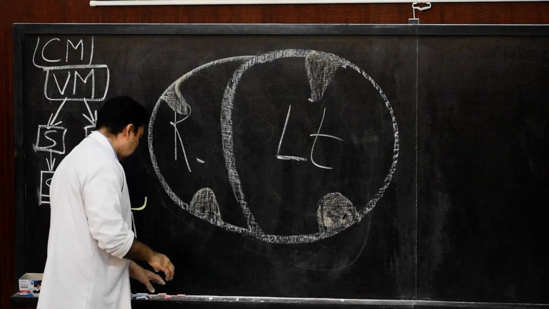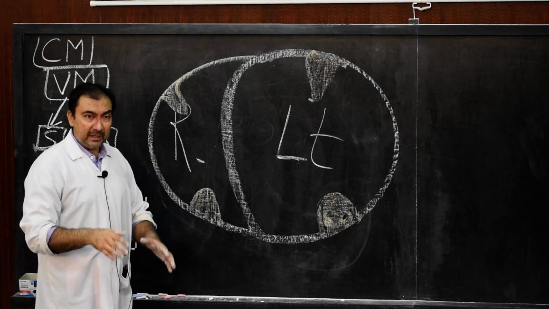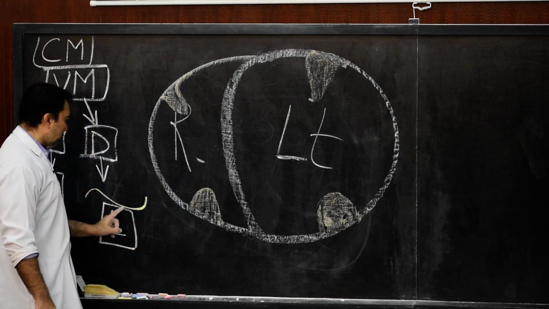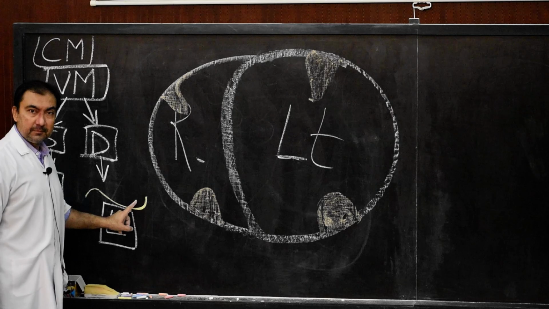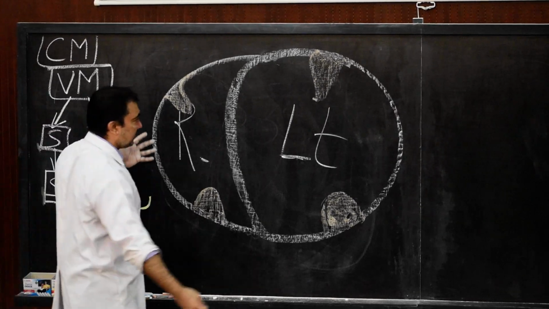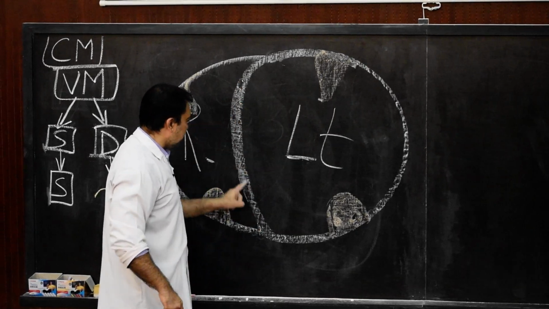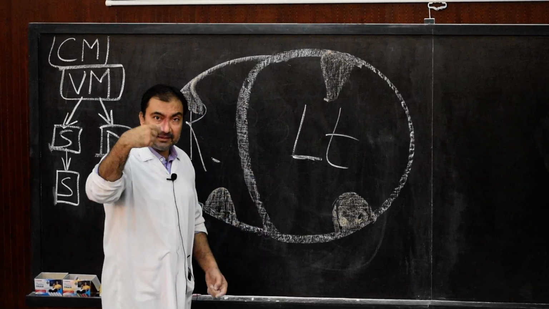So now, the deep set of fibers, as they are arranged in this loop shape, will connect the papillary muscles of both the ventricles through the interventricular septum, and that is why that shape will be there.